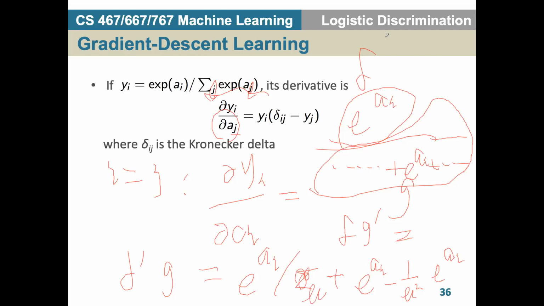Put simply, let's see where we have space. So this is e^{a_i} divided by the summation, plus or minus the summation squared, e^{a_i} squared.